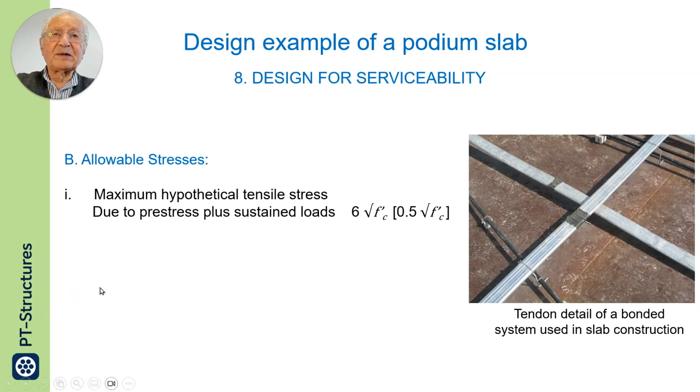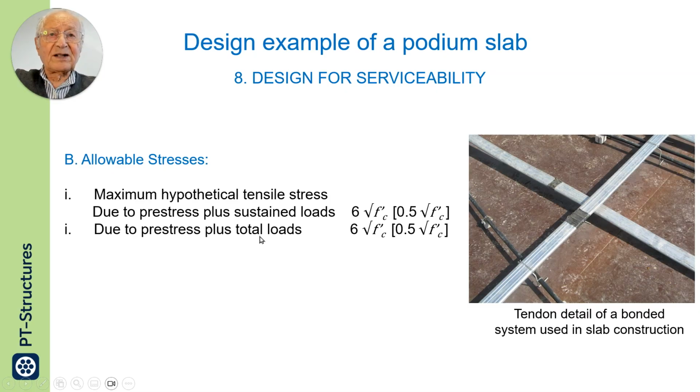So the maximum permissible hypothetical tension stress is this. This is due to both total load and sustained load. ACI differentiates between sustained live load and total live load. Sustained live load is the live load that, in most cases, is likely to be on the member.